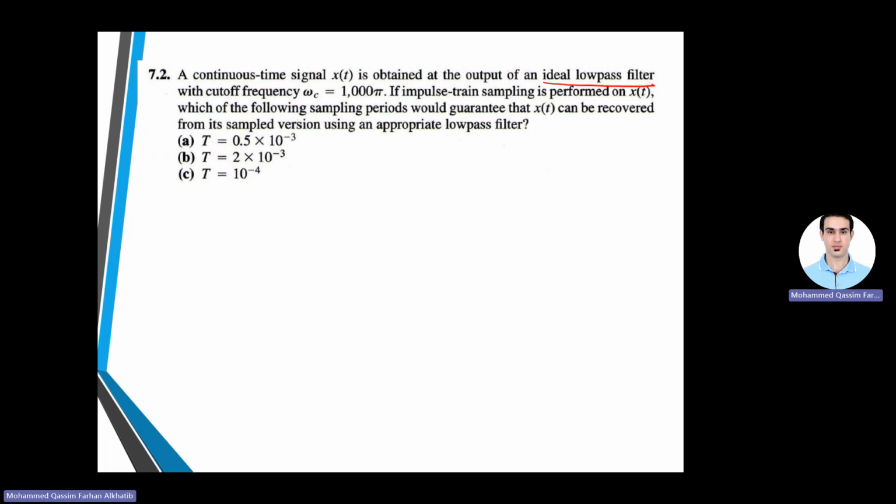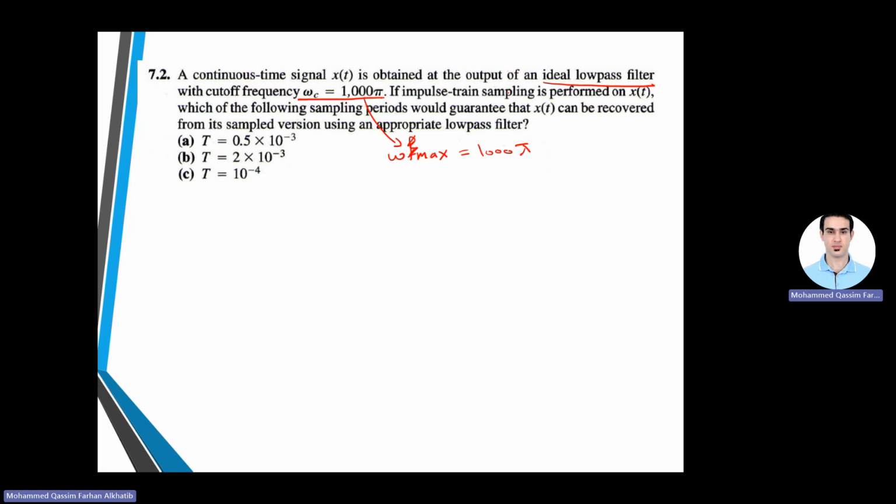That's it. And I have the cutoff frequency of that filter, omega C, is 1000 pi. So if my filter only passes frequencies below this, that's going to be the maximum frequency of my signal. So this statement here is showing you that omega max is 1000 pi.